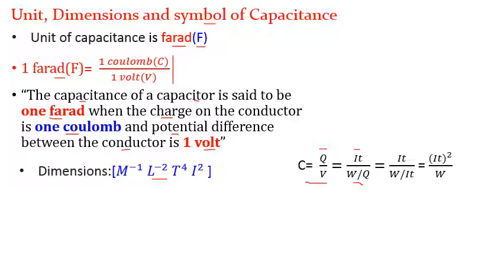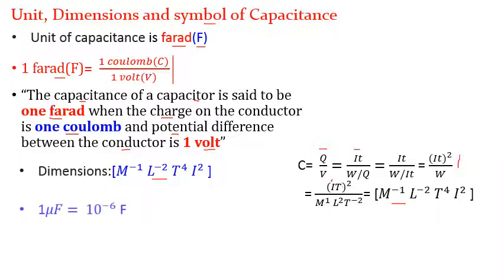Next to this, again this Q is nothing but IT. Now rearrange, you will get this final form. After this, write down dimensions: I as A, small t as capital T, and dimensions of work we know. That's why substitute, rearrange. You will get the final dimensions. That is, you can write it from the formula, or even from the unit also.